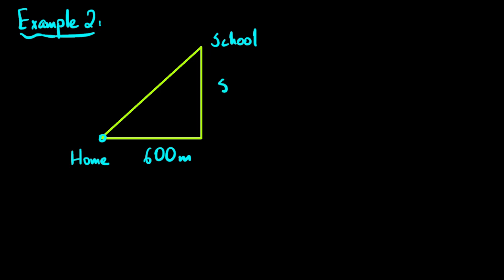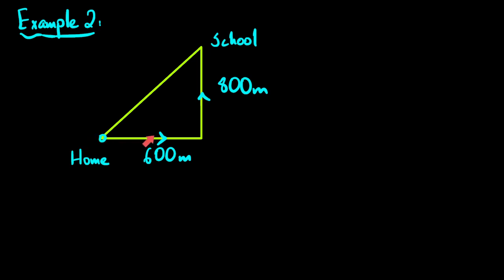Let's say this distance is 800 meters, right? So this is maybe like a corner where you turn left to reach the school. So if I ask you that you went like this and then like this from your home to reach your school, what would be the corresponding distances and displacements traveled, right?